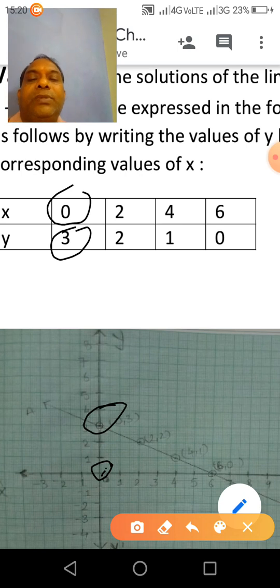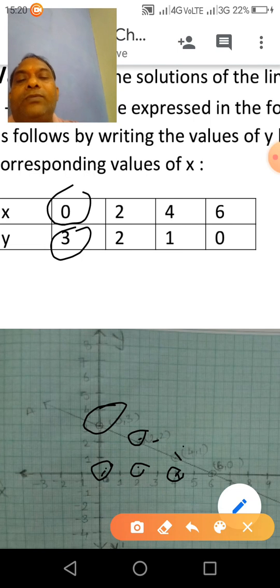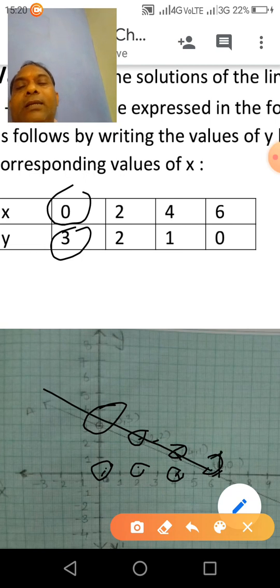Clear? Now x is 2 means this point, then y is 2 means this one. Similarly x is 4, then y is 1, clear. x is 6, then y is 0, so this one, and you have to join these points, then you have a line x plus 2y is equal to 6. You can plot the graph easily, clear.